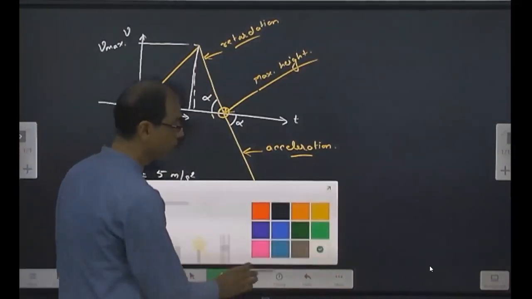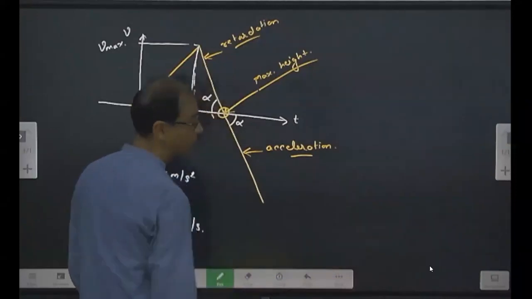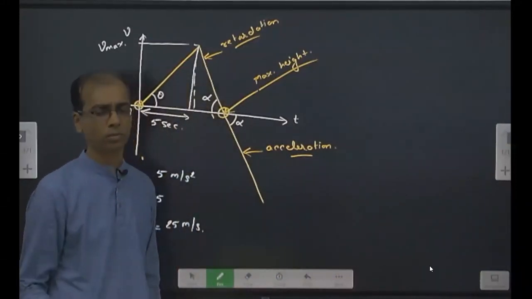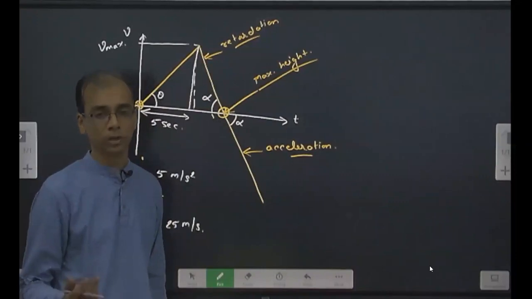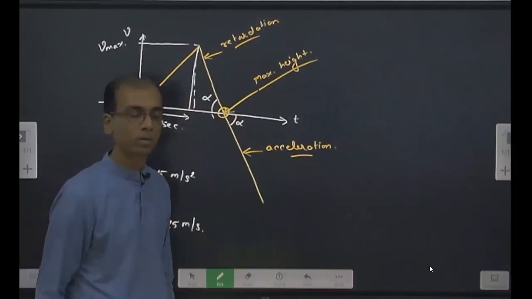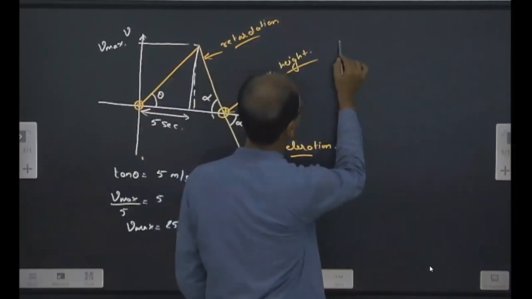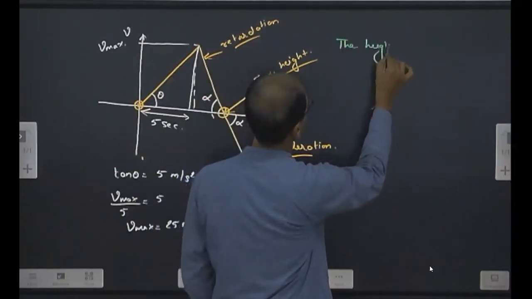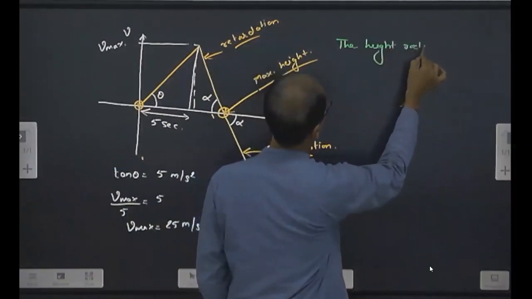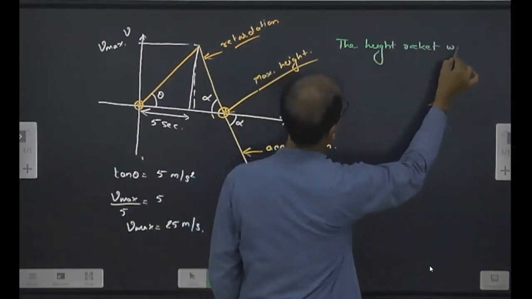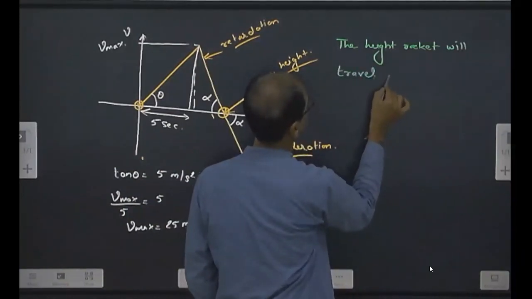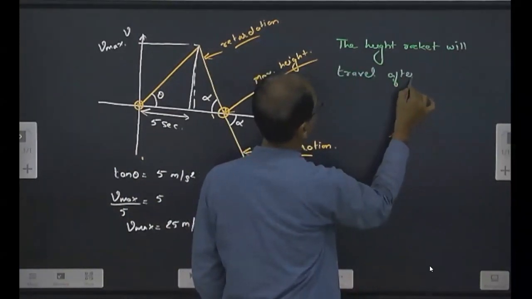Further, is it going to move up? I said yes, it will move further up. How much further can it move? I know, u square by 2g. So the maximum height a rocket will travel after t equal to 5.